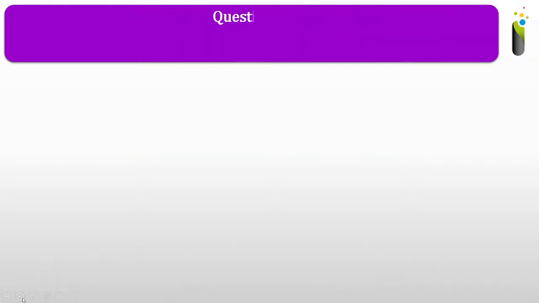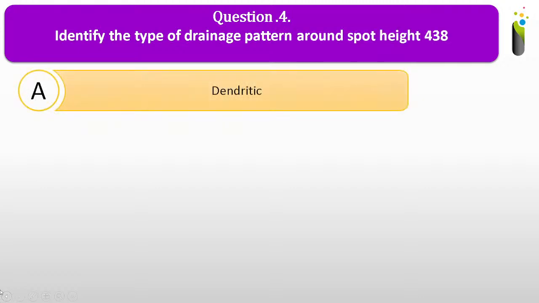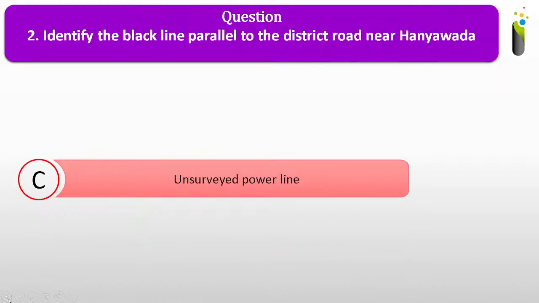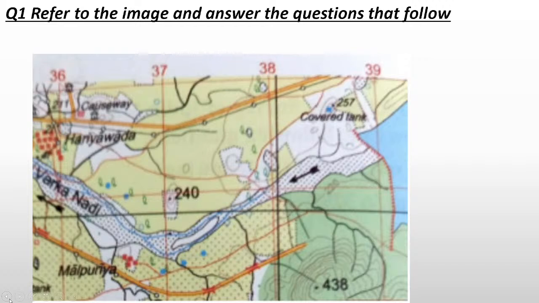We go to question number 4. Identify the type of drainage pattern around spot height 438. I will take you back to the picture. Look at this. This is the picture that you can see. You have to identify the type of drainage pattern around spot height 438.